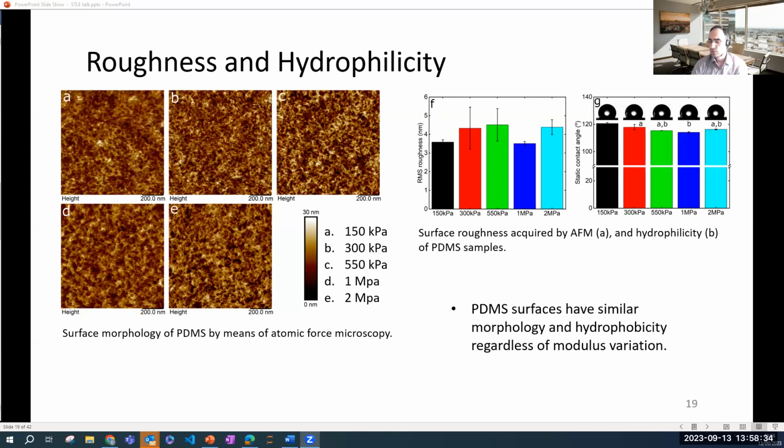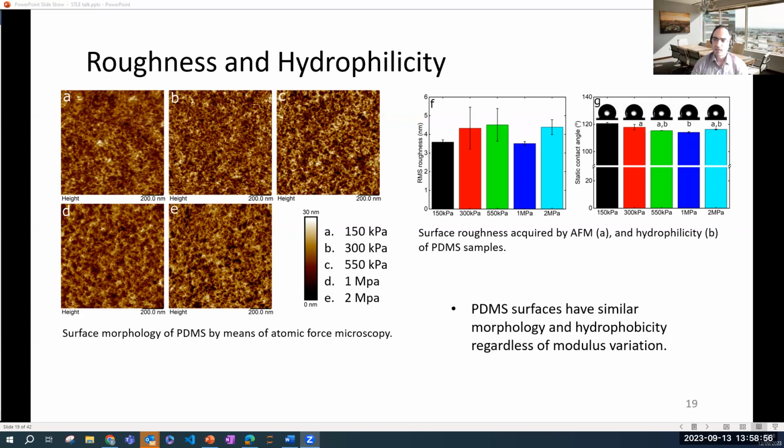So, moving on to our results. Friction is a system property and varies with many factors such as roughness and hydrophilicity. To rule these factors out, we used AFM to image the surfaces with different modulus, and we also used contact angle measurements.